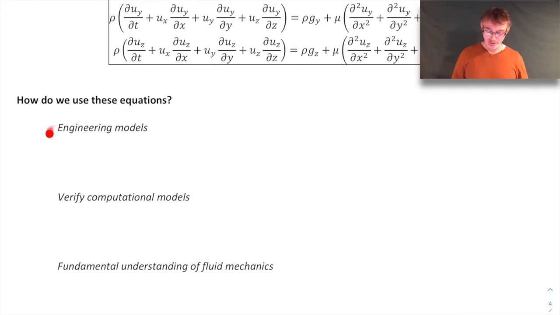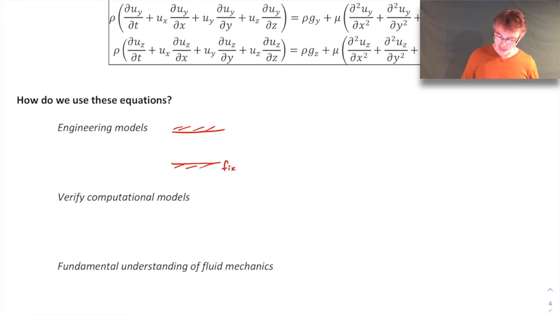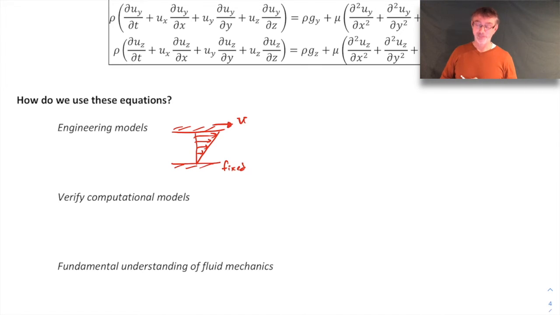First of all, as I mentioned, there are some simple cases you can actually solve by hand. There's just a handful of them, but you can do some, one of which is a Couette flow. We've talked about this in the course before, where you have a fixed bottom boundary. The top boundary moves at a velocity capital U, and if you recall from earlier in the lecture, we said that the velocity profile for this situation is linear.